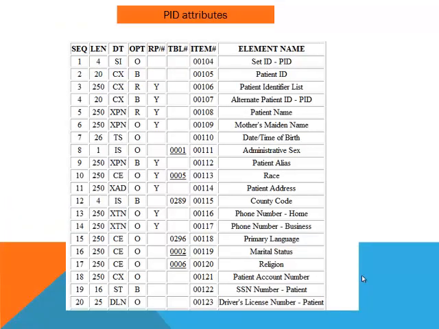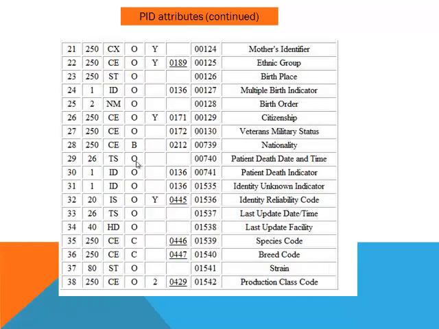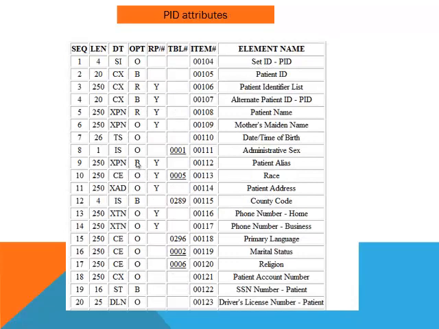This just shows the PID attributes: how the PID segment is composed, how many fields, what kind of data for the fields, and how long the fields are. In fact, the total number of fields for the PID is 38.